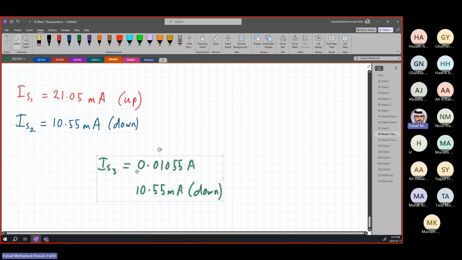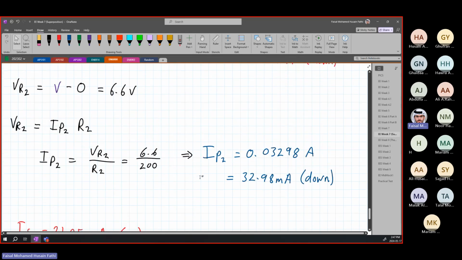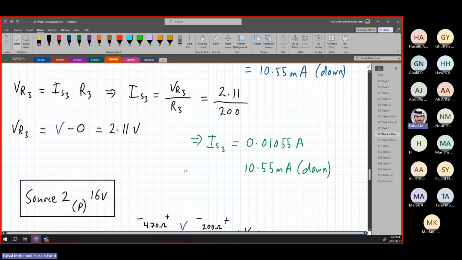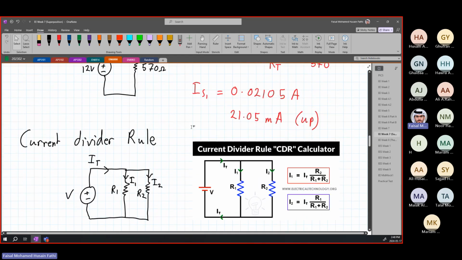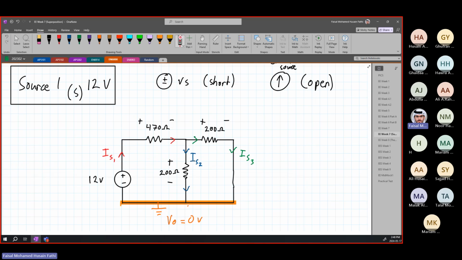Again, it is very important to make sure your directions are correct. If you make a mistake in the direction, your entire solving will be incorrect when it comes to superposition. The change in direction only applies to the circuit we are working on, if the value is negative. For example, if we are working on source 1, we are working only with these directions, and nothing else. We don't care about the source 2 superposition or the entire circuit.